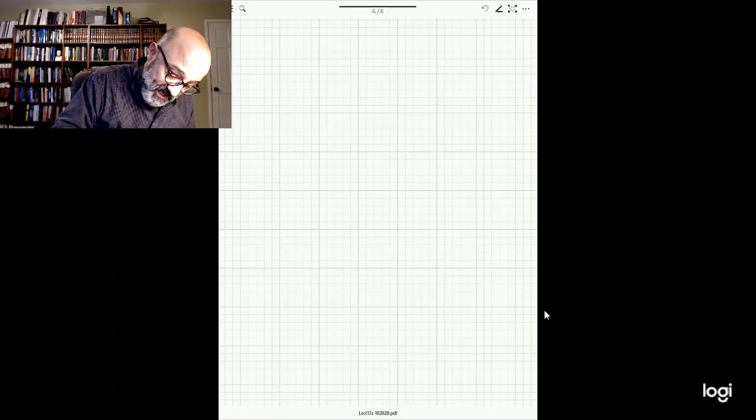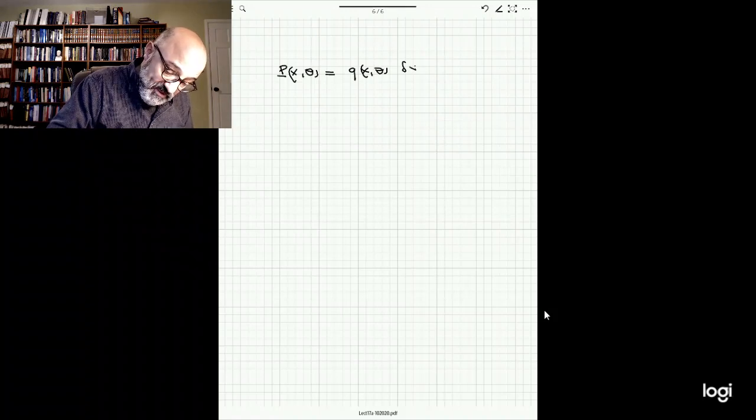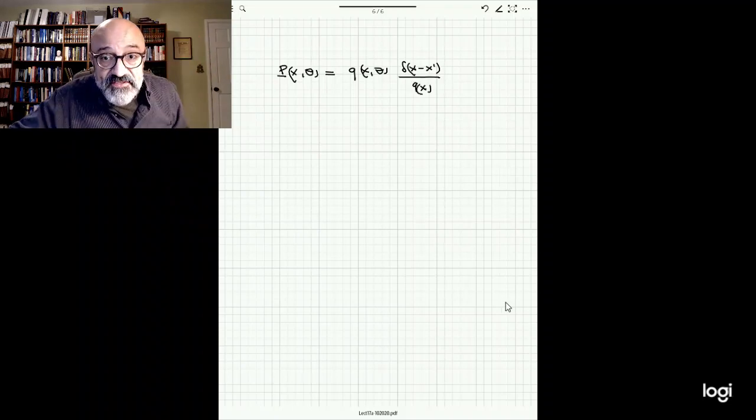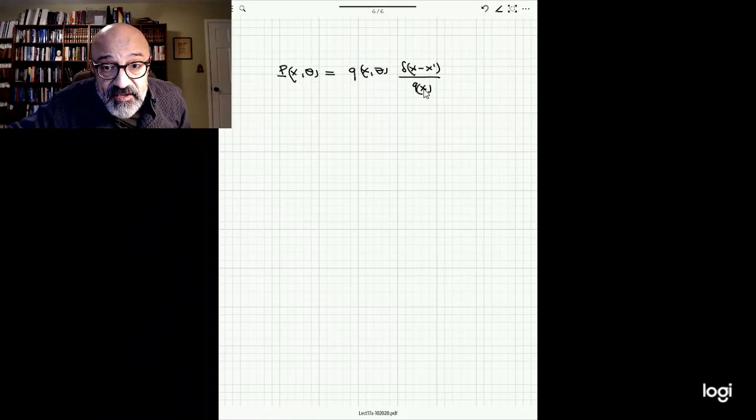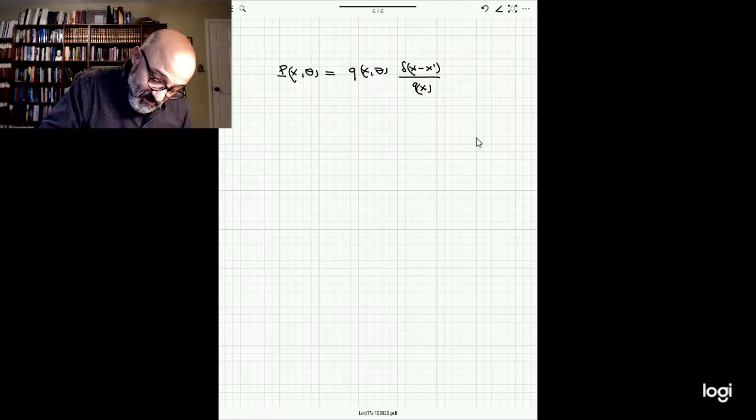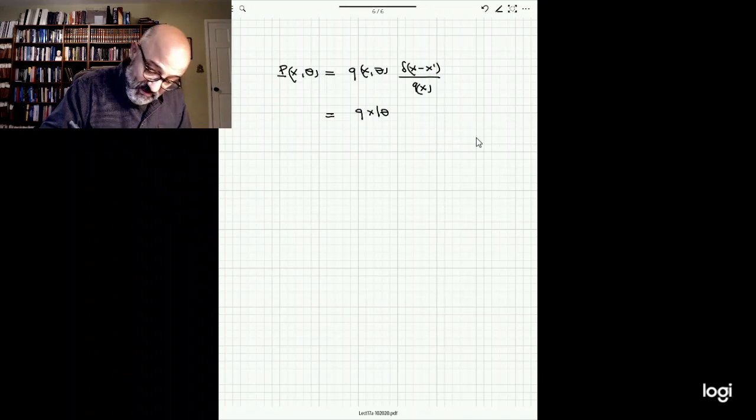And the result is, I substitute e to the lambda. That's what I get. But if you divide this guy here by the q of x, what do I get? Let me just do it slowly.